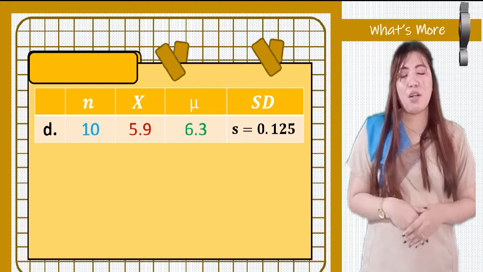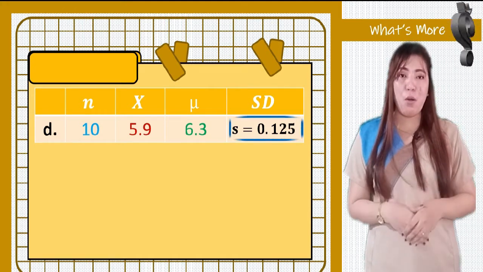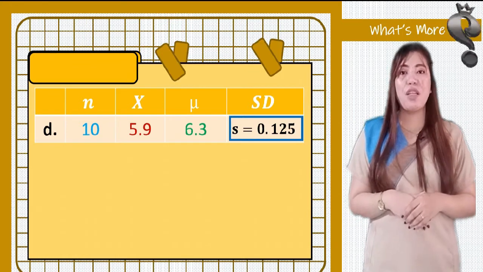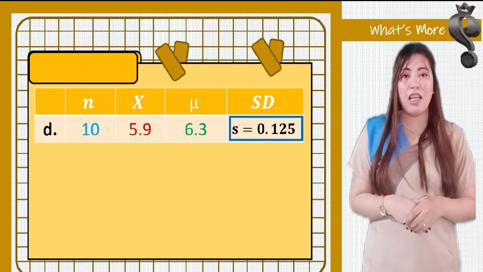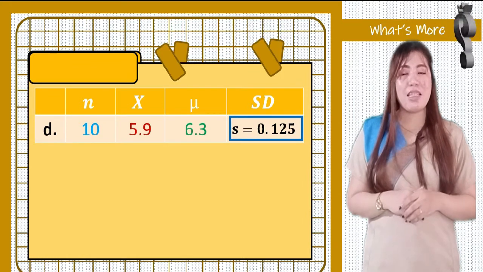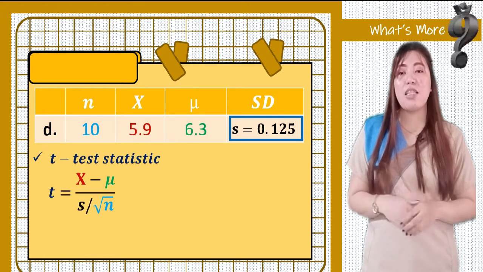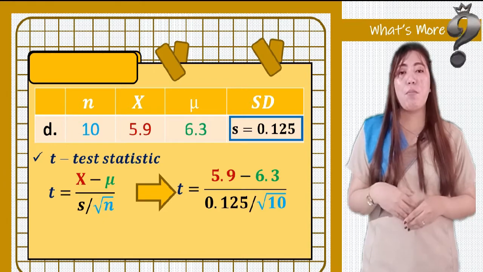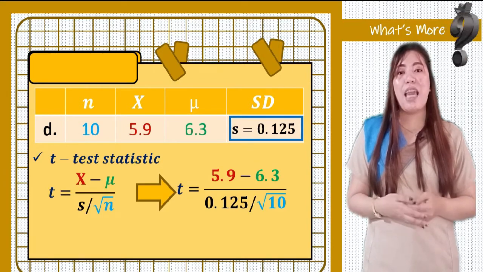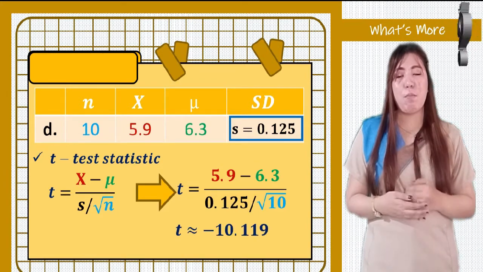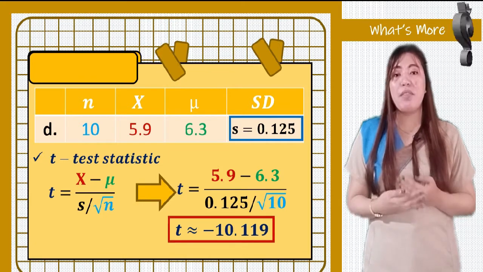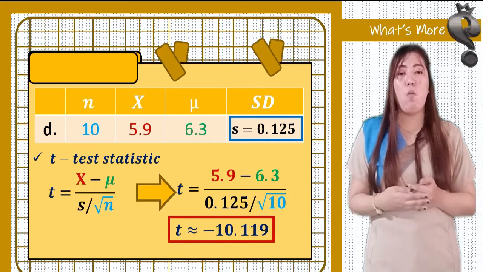Since the population standard deviation is unknown, and we have the sample standard deviation given instead, then we use the t-test statistic. Using the formula of the t-test and substituting the given, we will get t is approximately equal to negative 10.119.